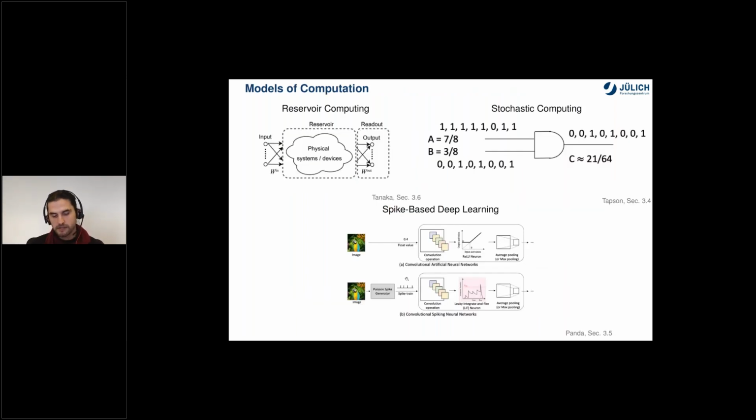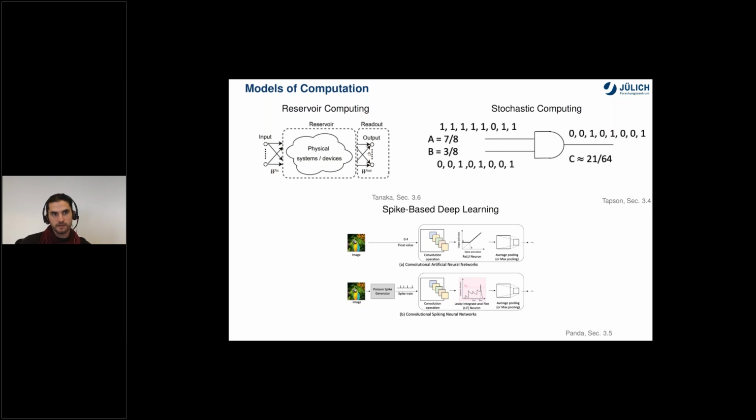But in this particular roadmap, there are three examples that I think are very well selected because they're often used in the community. One model of computation is called reservoir computing, which started with liquid state machines and echo state machines. The idea here is really that there's a physical dynamics in our system and that we can build readout circuits that are trained to select which of the components of the system to read out in order to fit a certain output.